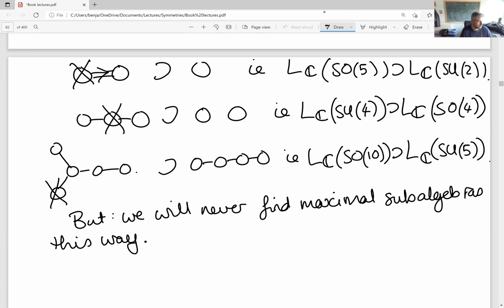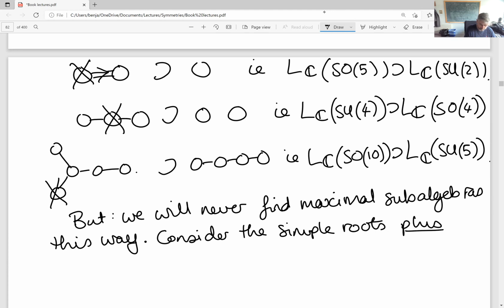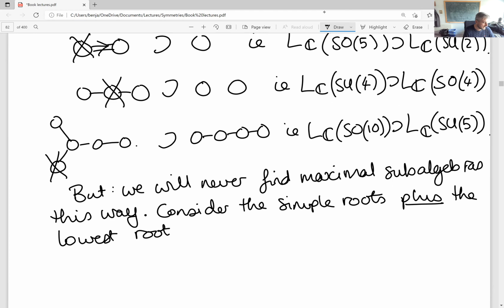In other words, minus the highest weight of the adjoint representation, so the most negative root.